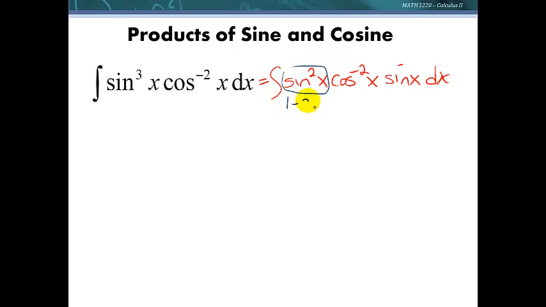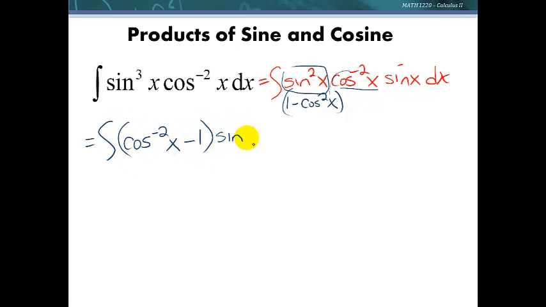This is 1 minus cosine squared x, and it'll be multiplied by this cosine to the negative 2x, and so that'll leave us the integral of cosine negative 2x. When I multiply these two together, that's going to give me minus 1. And then I still have the sine x dx.